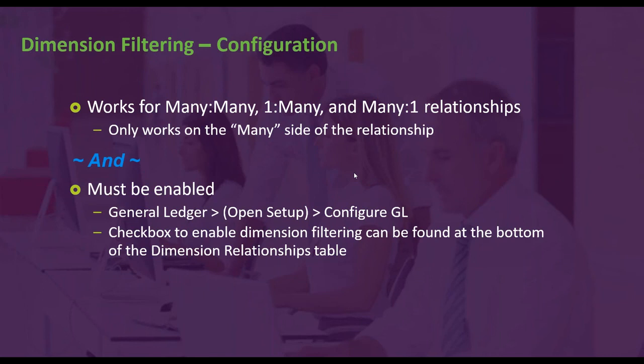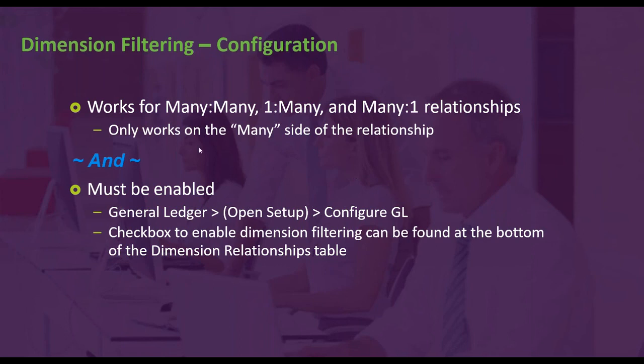The filtering does in fact work with all of the dimension types, just so you're aware of that, with the exception of the one-to-one, because a one-to-one relationship implies that when you fill in one dimension, it autofills and restricts the following dimension to the one that you've hard-coded in.